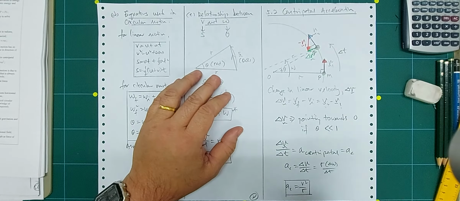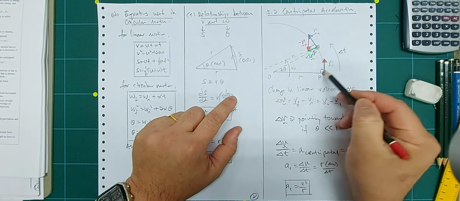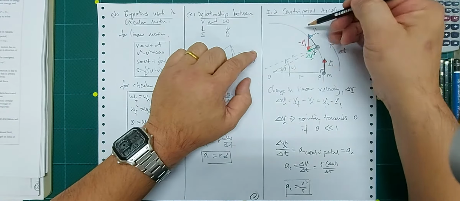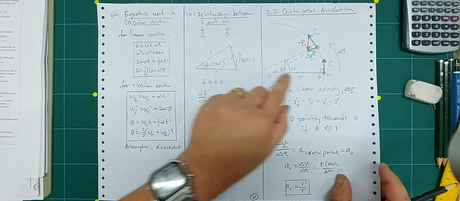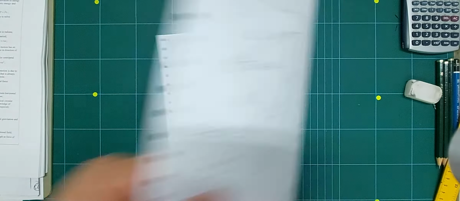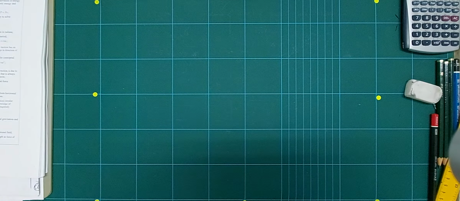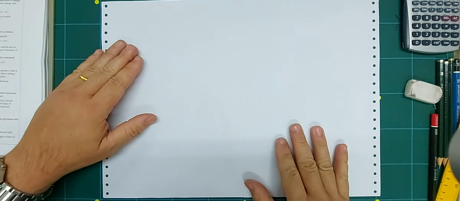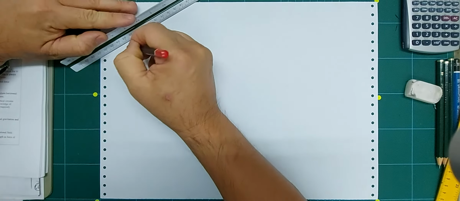Then we have to look at two things here. We are going to separate the real diagram from the velocity diagram. First we look at the diagram of the motion of the object from P to Q. Now we start with this diagram.